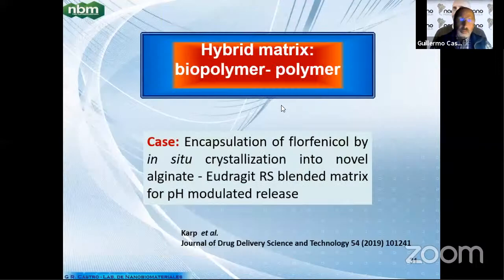So we will introduce another hybrid matrix, which is a biopolymer and synthetic polymer. So in this case, we can use florfenicol, which is a very toxic drug, and it's used in animals. It's an antimicrobial in animals.